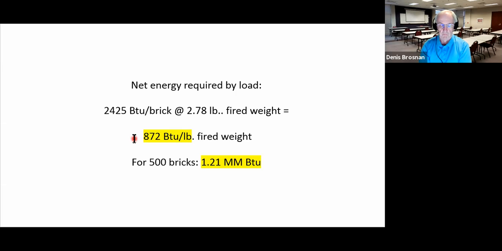So you will see numbers around 850 BTUs per pound per brick, 840 perhaps, and I've computed 872 BTUs per pound. So at least this is a realistic number that we have computed for the bricks. So if you go back for 500 bricks at green weight basis, we should compute 1.21 million BTUs for the process load in order to sinter the bricks. That's what's required.